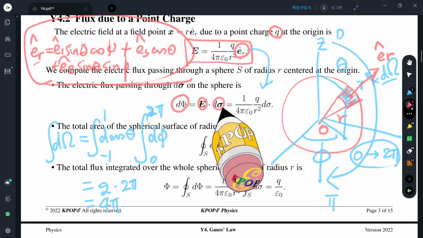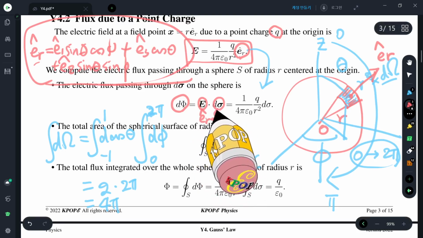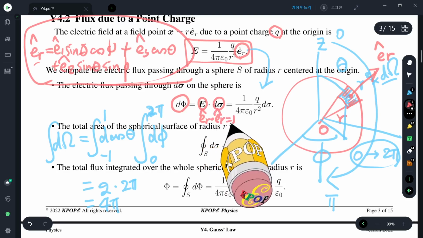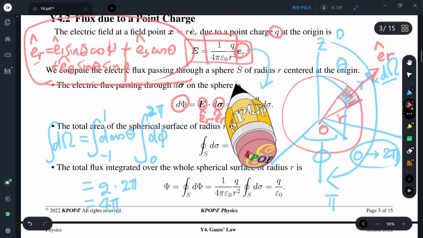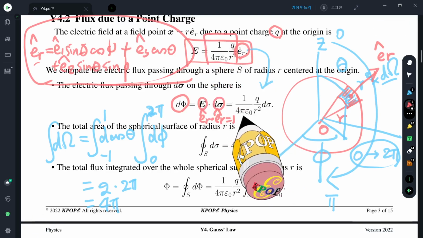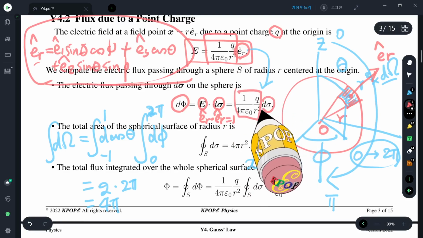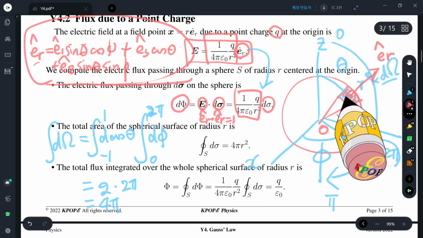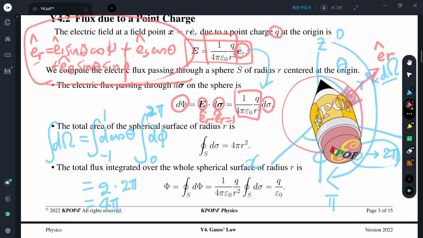Therefore, this scalar product gives just E r hat dot r hat, and that is exactly 1. That's the reason why we get just the strength of the electric field times the area of the patch.